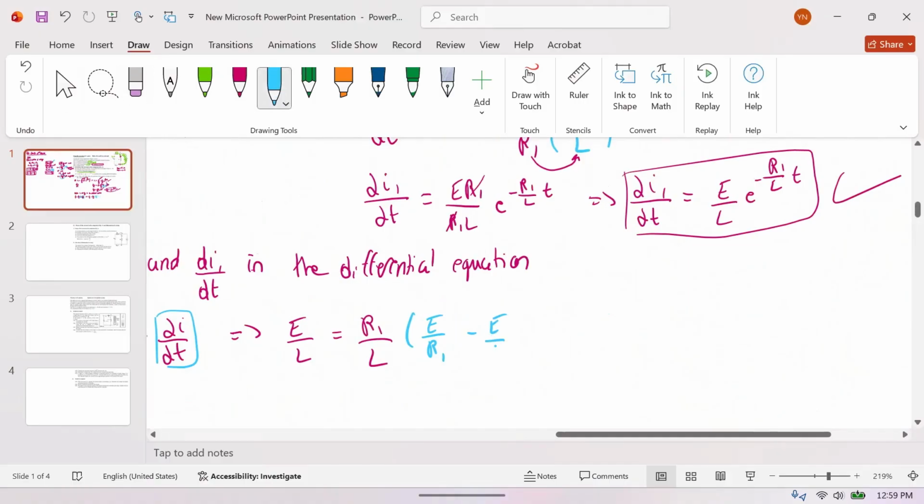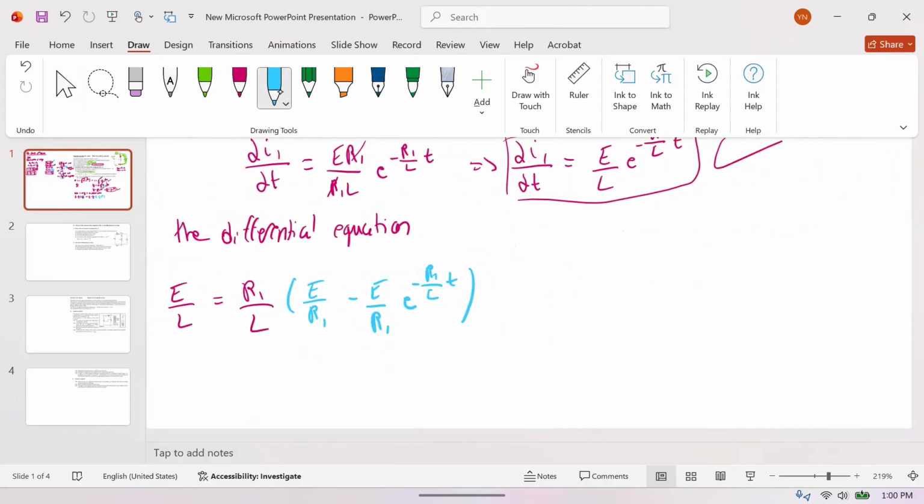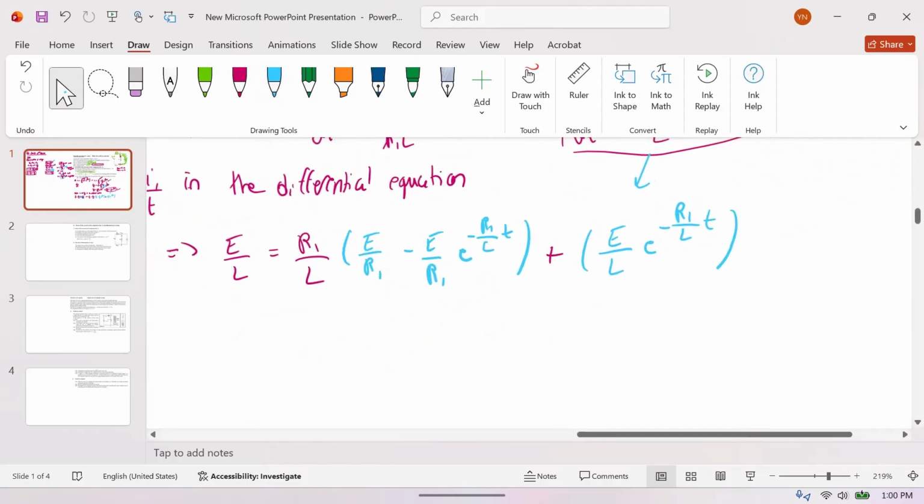Minus E over R1, e to the minus R1 over L T. So we replace the first I. Now I need to replace the derivative, which is plus, and now the derivative, I just got it here. It's E over L, e to the minus R1 over L T. And that's it. Now I get rid of the parentheses.